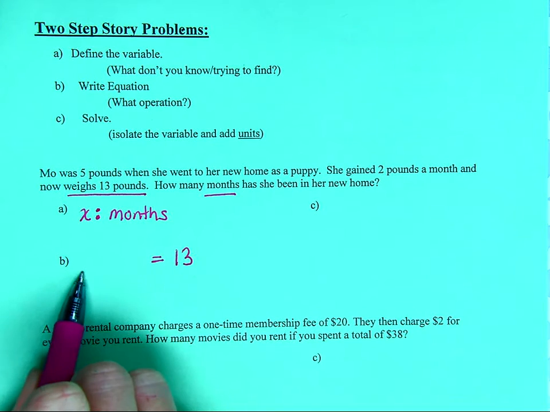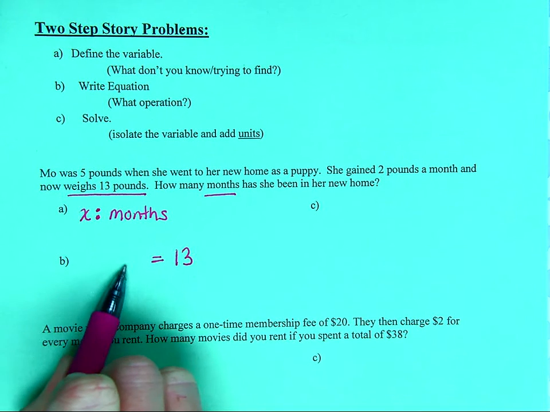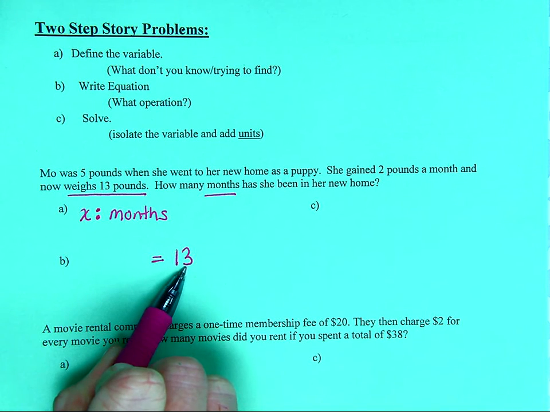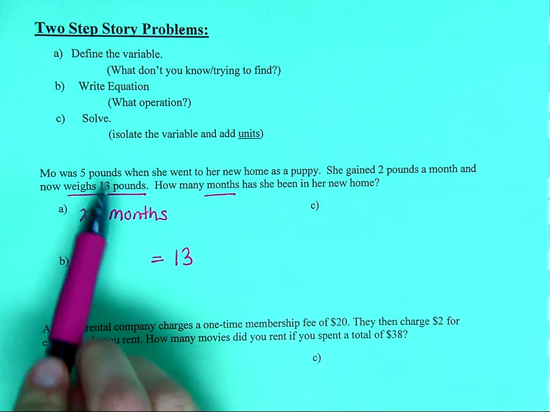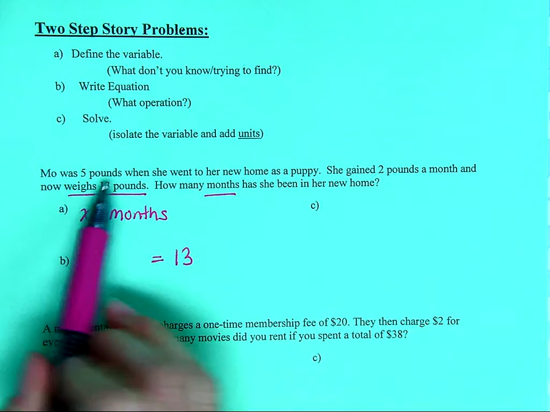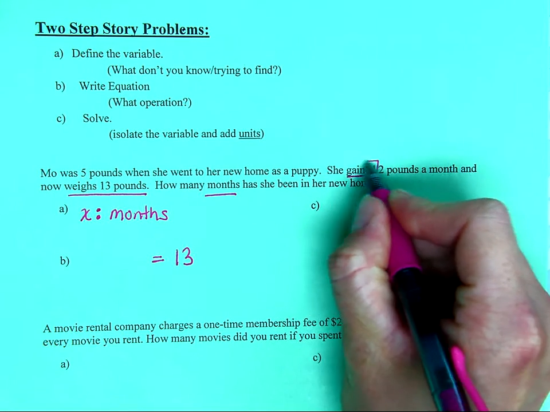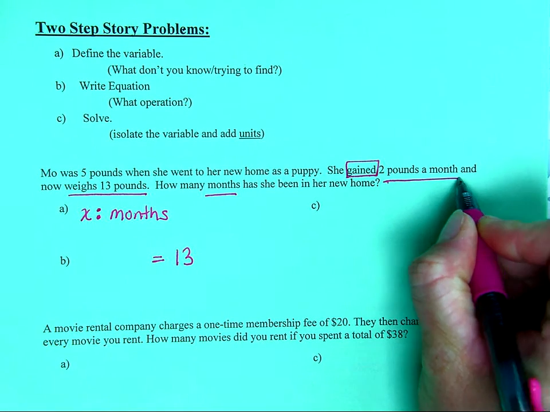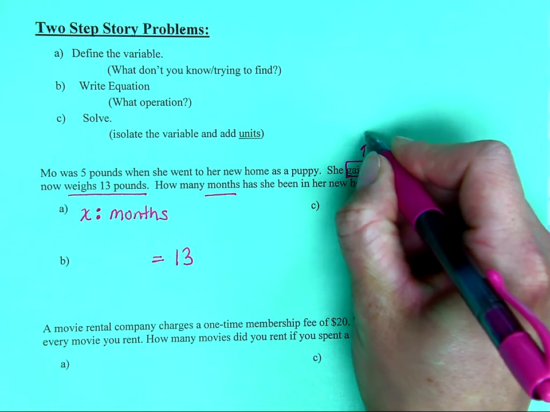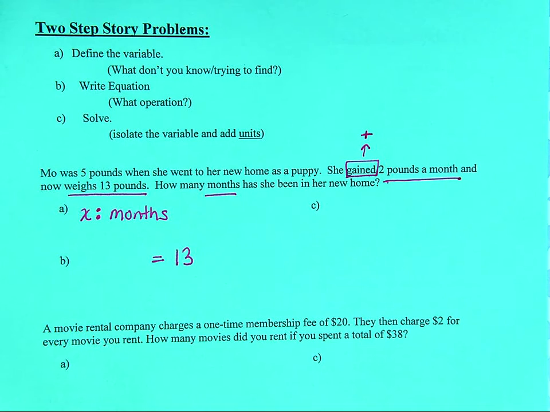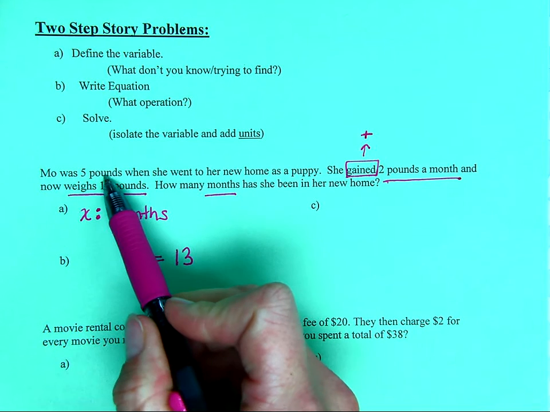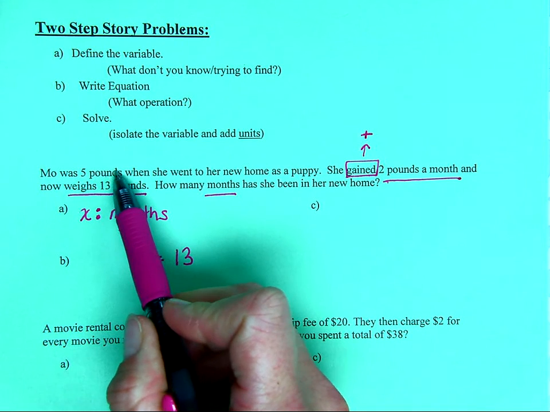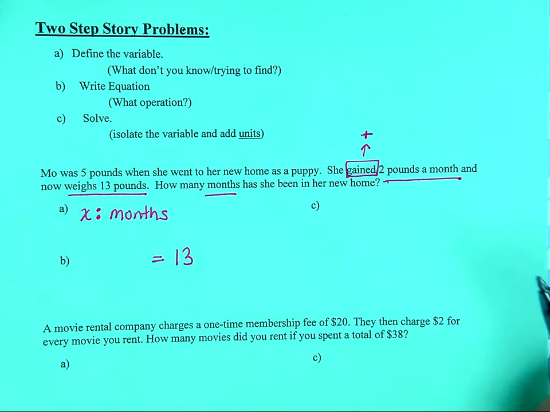Now on the left side, we're going to think, well, what is happening to get to this 13 pounds? I know she was 5 pounds, and then she gained 2 pounds a month. This gained makes me think that we're going to be adding. This is a starting fee, or starting value.